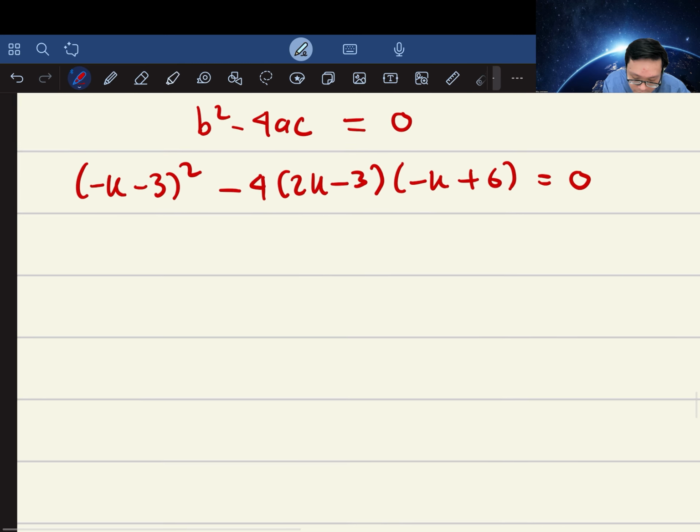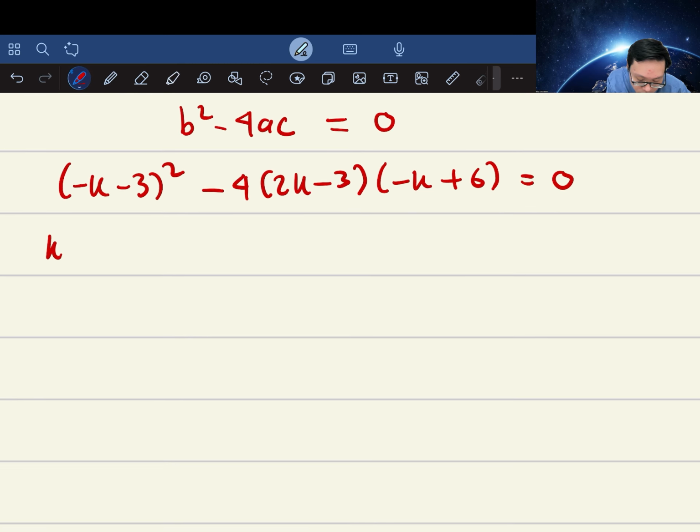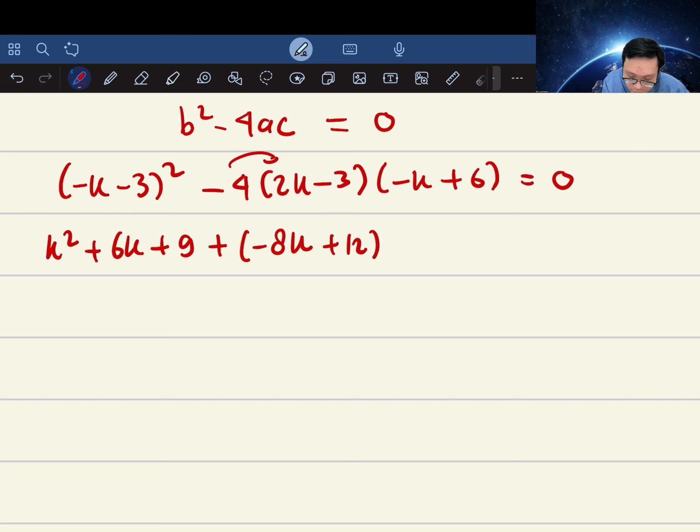So we can simplify first. So here we have k squared plus 6k plus 9. This one, you can multiply the minus 4 first. So we get plus, plug in the minus 4, becomes minus 8k plus 12k.